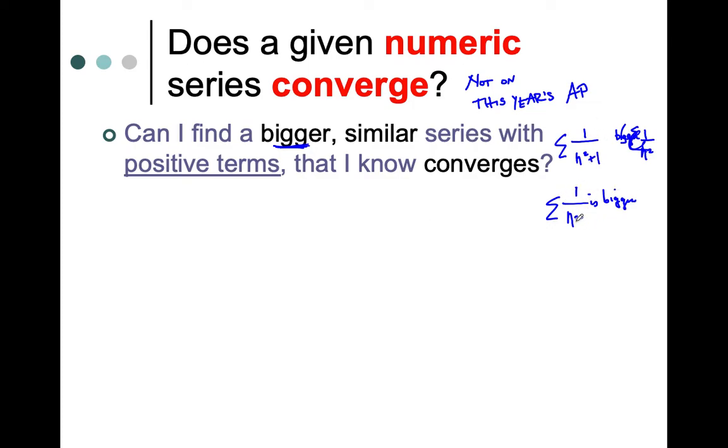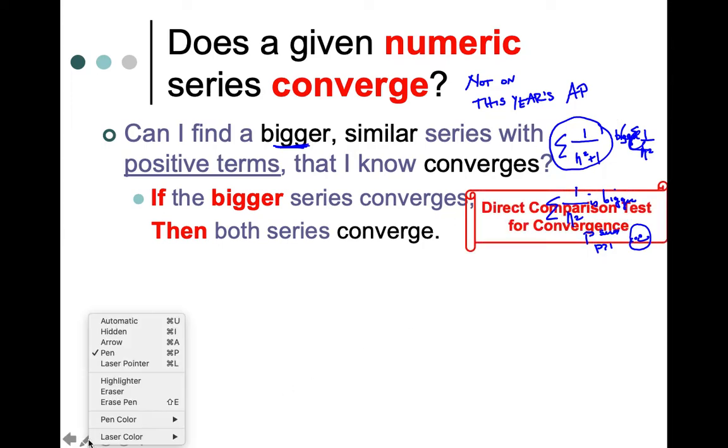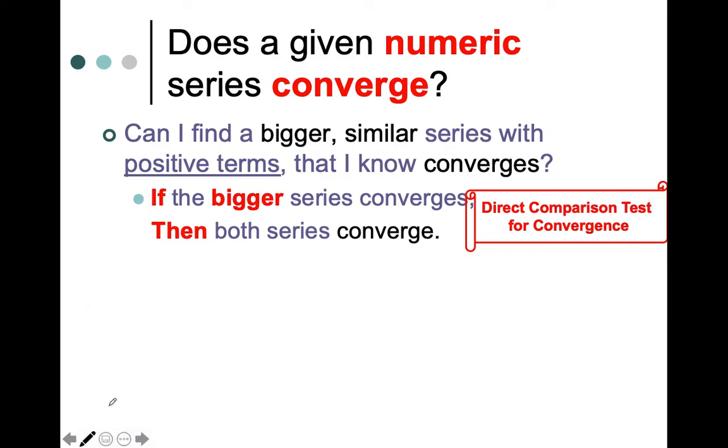I know this converges, p-series, p greater than 1, so convergent. Therefore, by the DCT, this very similar but smaller series converges as well. And again, for numeric series, we're just interested in convergence, so I don't really care about diverge. I don't want to show that anything diverges. This is the direct comparison test for convergence.